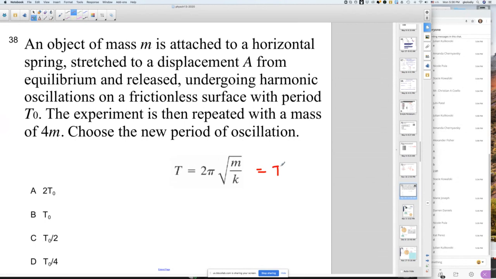Don't forget the period here depends on the mass. It's not like the pendulum. What if you repeated the experiment with a mass of 4m instead of m?